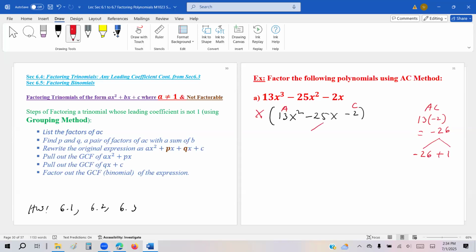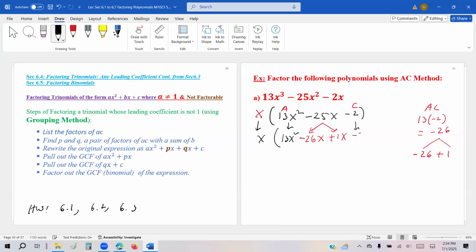So we are going to rewrite this 25x using those two factors: negative 26x, positive 1x. That gives us negative 25x. And we are going to keep everything else the same. We have a GCF x, bring it down. We have 13x squared, bring it down.